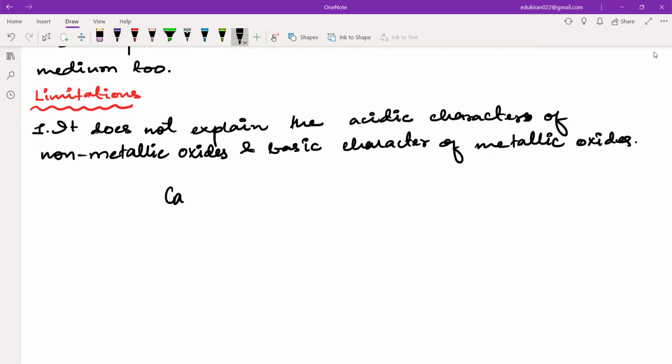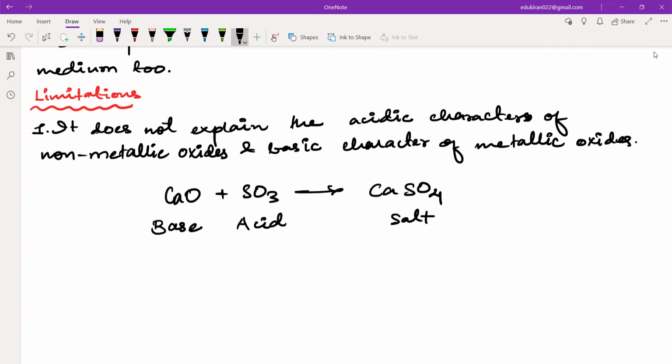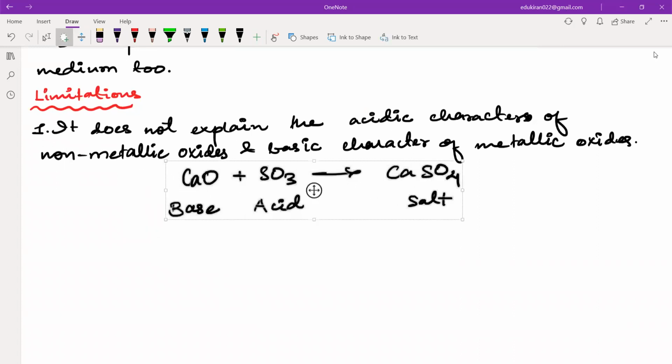For example, if you see calcium oxide, and if you react this with SO3, it will give you an acid-base reaction and it forms salt CaSO4. Since CaSO4 is a salt, one of these should be a base and the other an acid. So CaO, a metallic oxide, is a base. SO3 is an acid. And this is a salt, CaSO4. It does not explain because here we don't have any protons. So how can we explain it from the Bronsted-Lowry concept? We cannot explain it. That is why this is a limitation of Bronsted-Lowry concept.